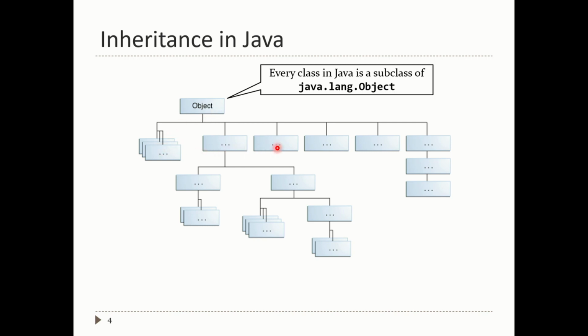Underneath Object there's a bunch of classes that are all directly descendant from Object. This class has another class underneath it, so this class inherits from that class, and that class inherits from that class. This one down here inherits from here, which inherits from here, which inherits from here, which inherits from there.